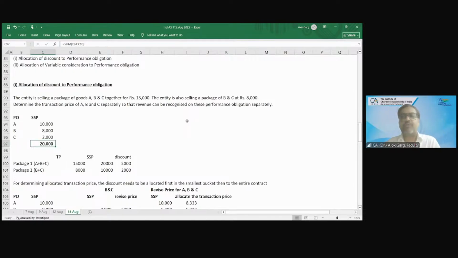This package constitutes A, B, and C put together. And what is the smaller package within A, B, and C?